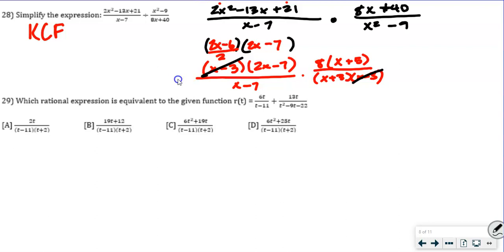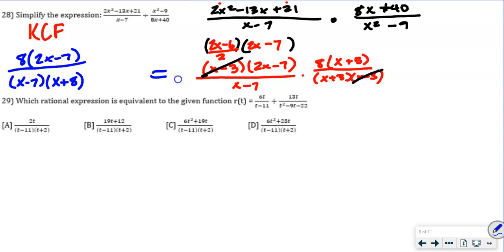So our answer is going to be, and I'm going to write it in blue over here, we've got our 8, and then our 2x minus 7 over an x minus 7 times an x plus 3. So that was our most simplified version of that expression.